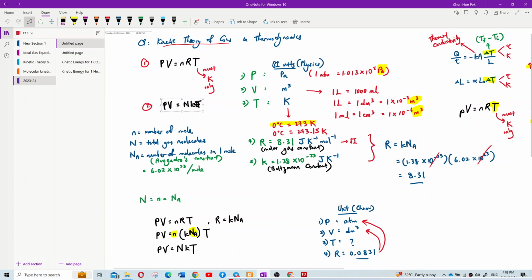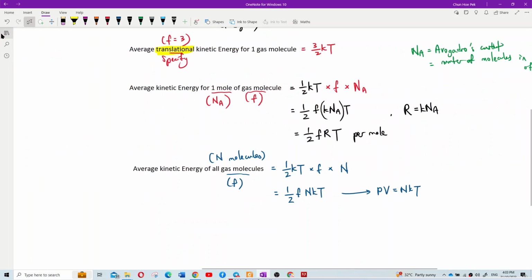That means NkT also equals nRT. So the formula you can also change to 1 over 2 F PV, or you can change to 1 over 2 F nRT.